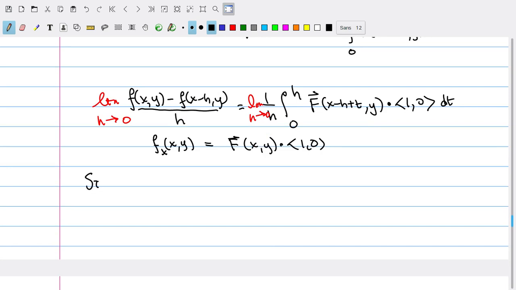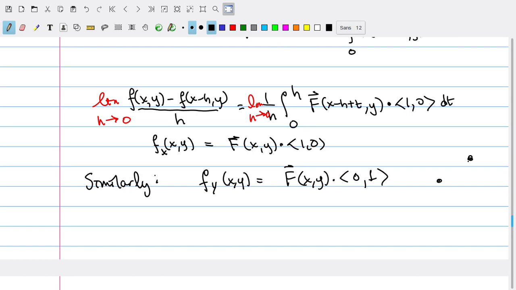By a similar argument, we get that f sub y is going to be equal to the vector field dotted with the vector 0, 1. It's the same argument as before, except that the path that we're going to take from P to Q goes horizontal for a bit and then goes completely vertical at the end.